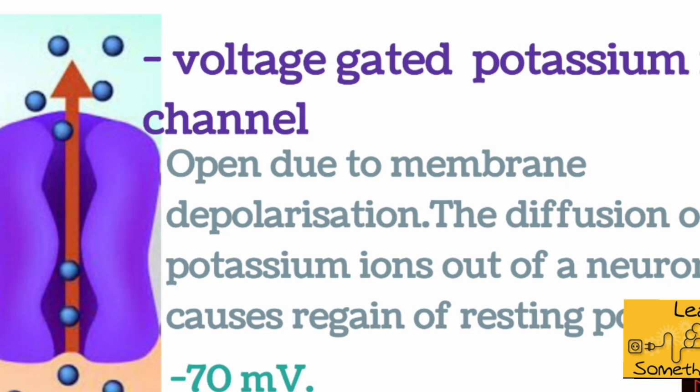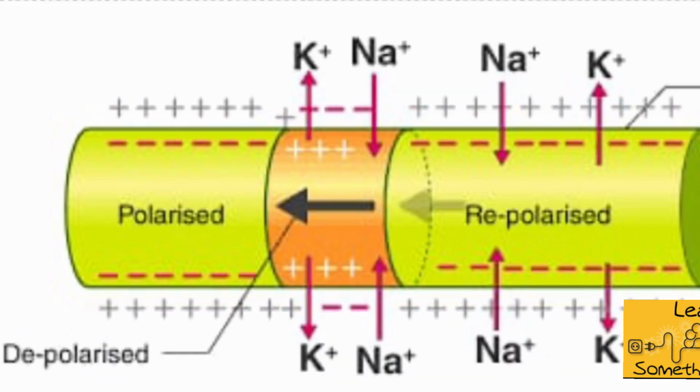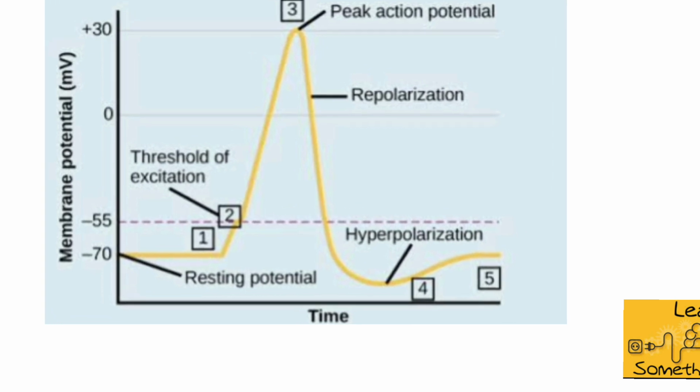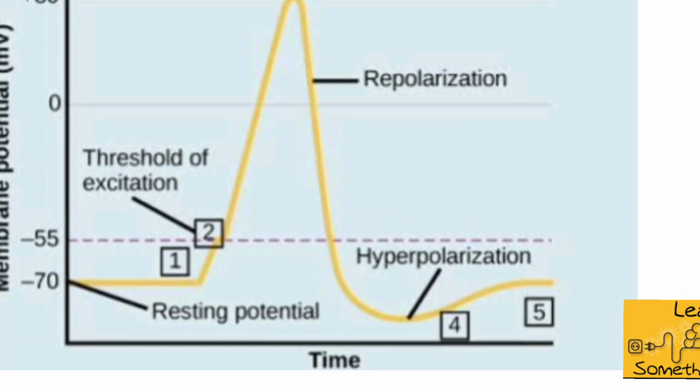And the loss of positive ion results in the repolarization of neuron, which is also known as the falling phase. You can also say that the repolarized neuron is that part of axon through which the electrical signal had been transported further. Slowly and gradually, the falling phase reaches the hyperpolarization.